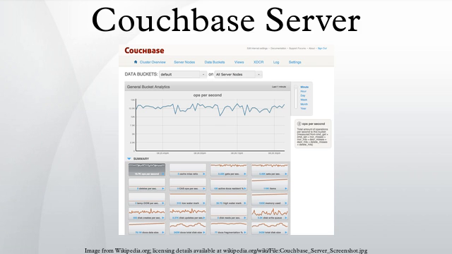See also: Aerospike, memcached, NoSQL, N1QL. Bibliography: Brown, M.C. Getting Started with Couchbase Server. O'Reilly Media. Pages 88. ISBN 978-1449331061.